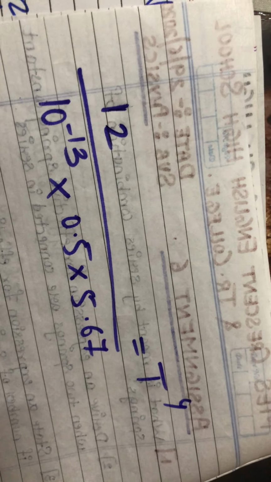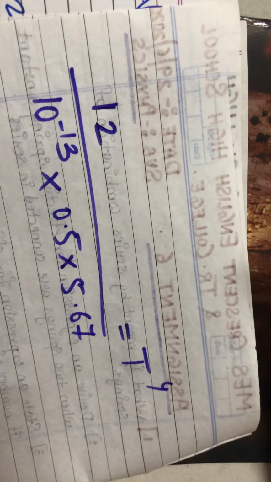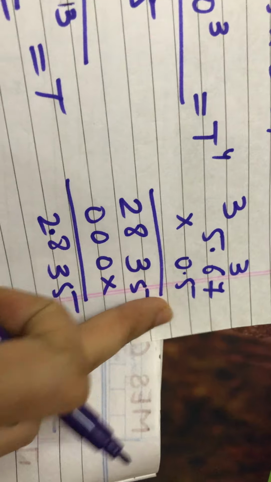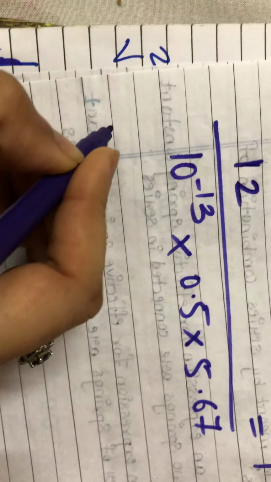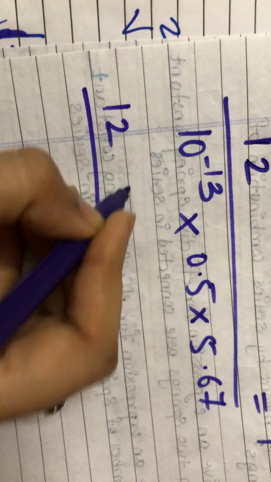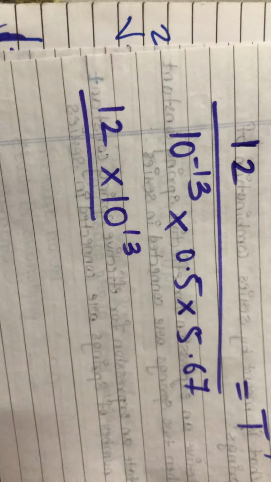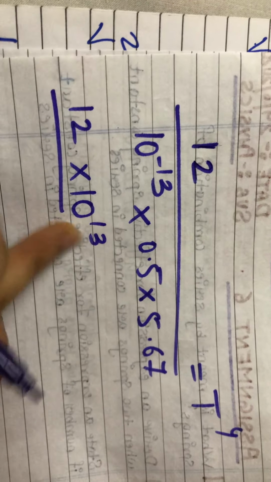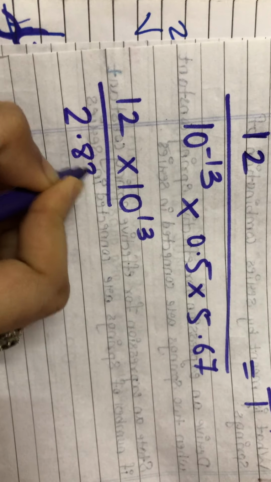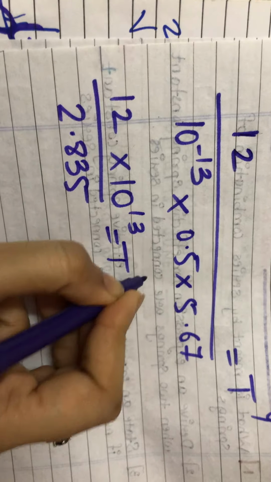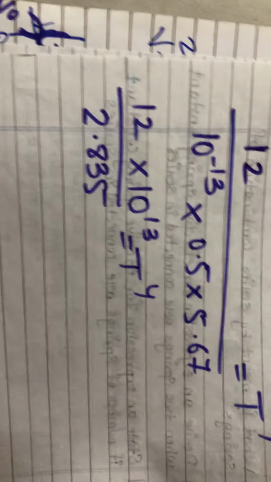Now I'll be multiplying 5.67 into 0.5. Let's see what I get. After multiplying 5.67 into 0.5, I am getting 2.835. So it will be 12 upon 10 raised to minus 13. Let it be written as 10 raised to 13 in the numerator, it will be positive, and 0.5 into 5.67 gave me 2.835. You can multiply and check whether I have multiplied it right or not.